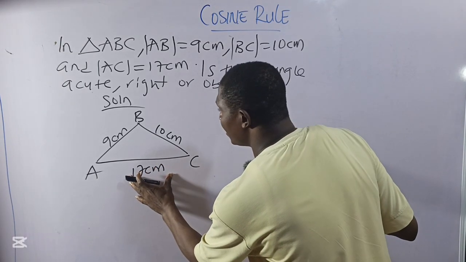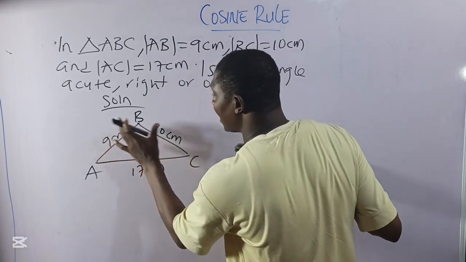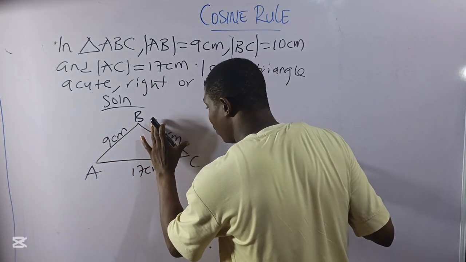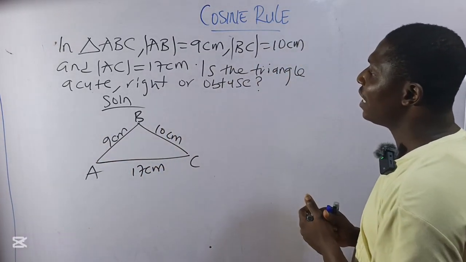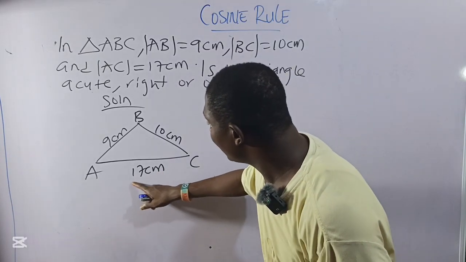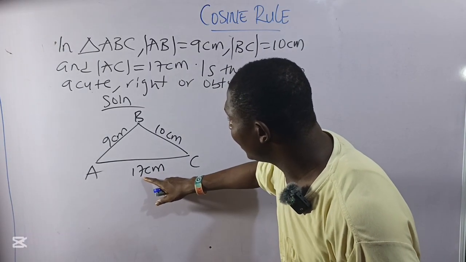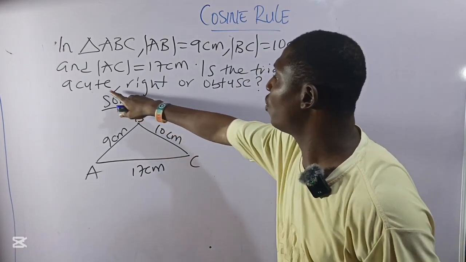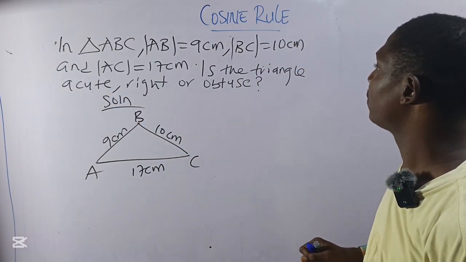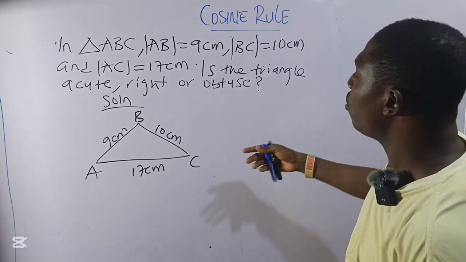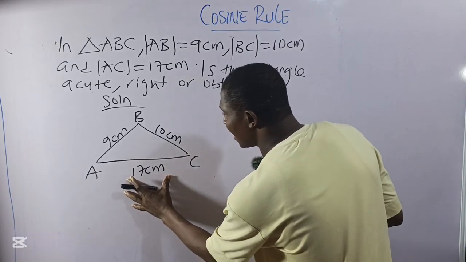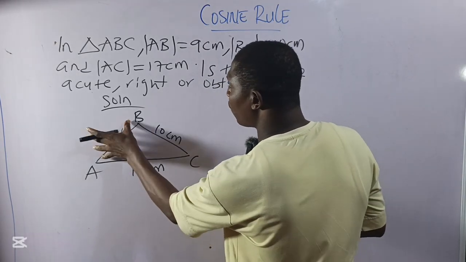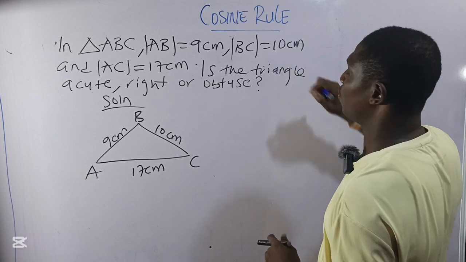If the square of the longest side is less than the sum of the squares of the two other sides, then the angle is what? Acute. And if the square of this side is equal to the sum of the squares of these two other sides, then the angle is what?